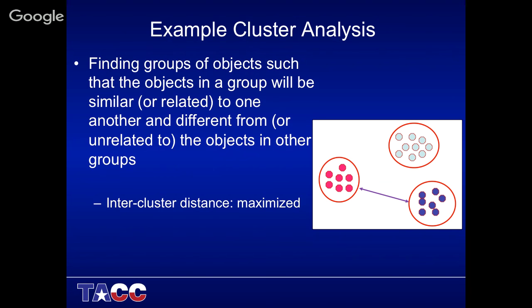The general property of a clustering algorithm is that you're trying to maximize the distance between your clusters, and then minimize the distance within each cluster. So that's essentially what defines a grouping within your data.